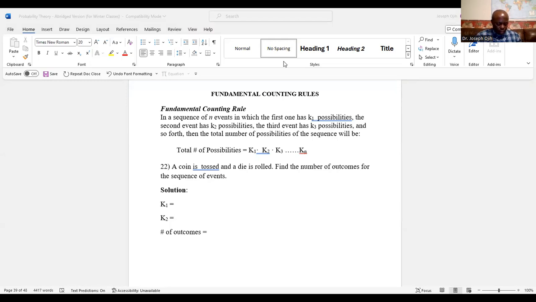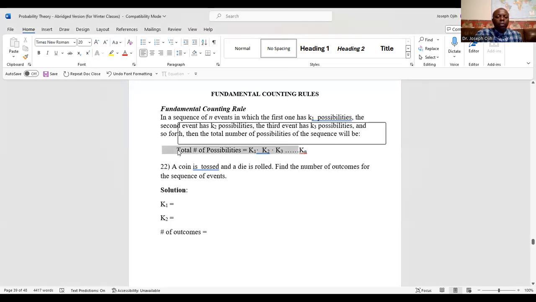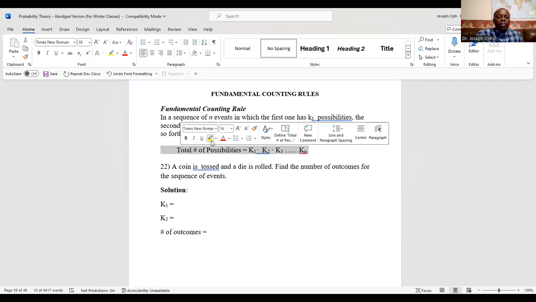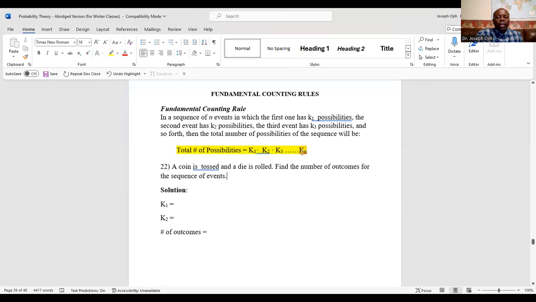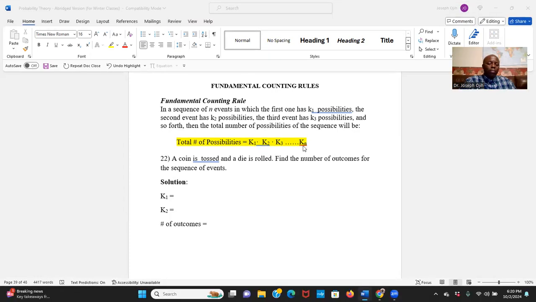In such a sequence of events, the total number of possibilities will be k1 times k2 times k3 all the way to kn. I mean, all the way to the number of possibilities we have, multiply them. That is what it's saying.